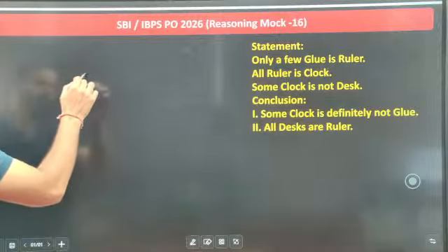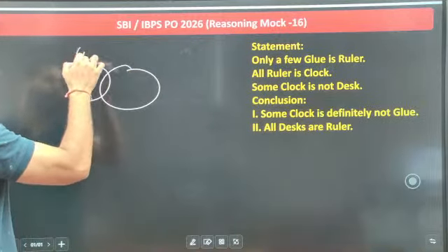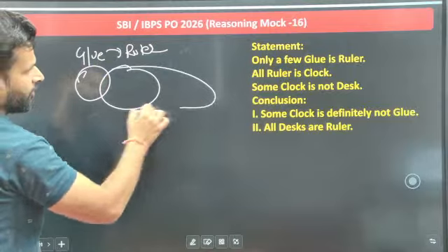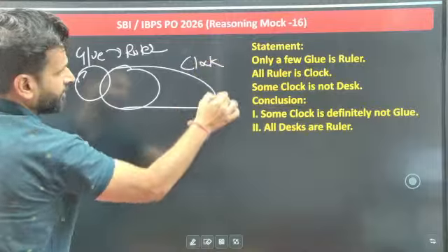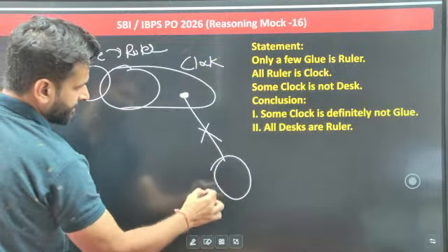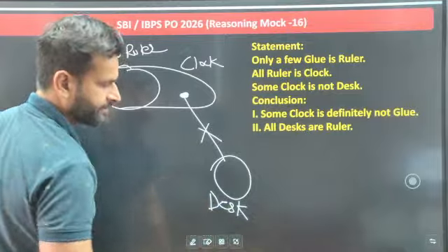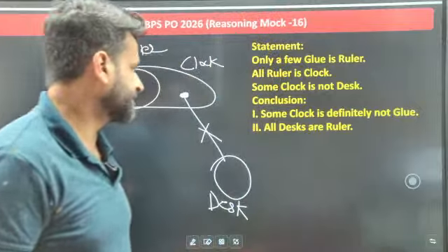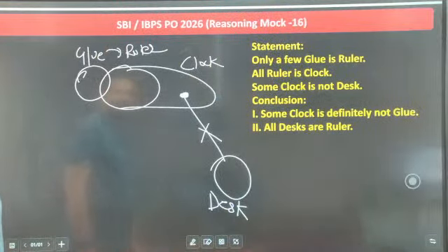Only a few glue is ruler. All ruler is clock. Some clock. Let's suppose itana clock is not desk. Done. Neither one nor two. एक भी follow नहीं करेगा. Let us see. Some clock is definitely not glue.